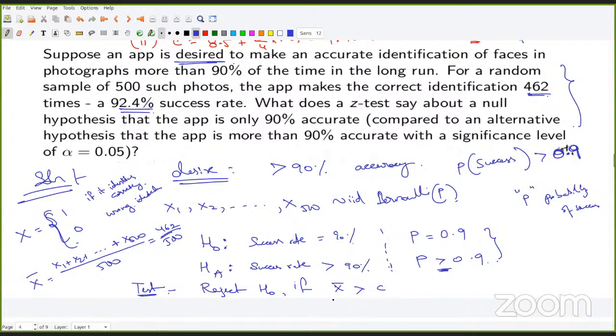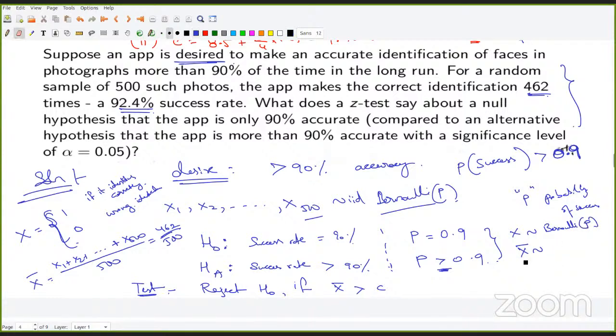So how to get this sample mean? See, this is Bernoulli with 500 samples. Now, if X follows Bernoulli P, what will X bar follow?